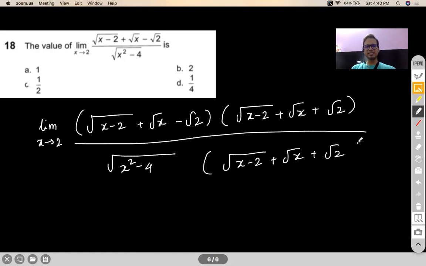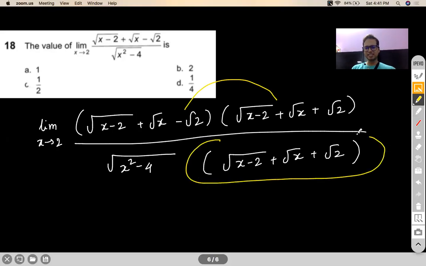Now, as x tends to 2, out of all these, these two will get clubbed up. This factor is the one which will be harmless. Harmless means a term which is becoming non-zero when you put this value of x into this expression. So when you put this 2 here, it will become 2 root 2. So it will become 1 by 2 root 2.